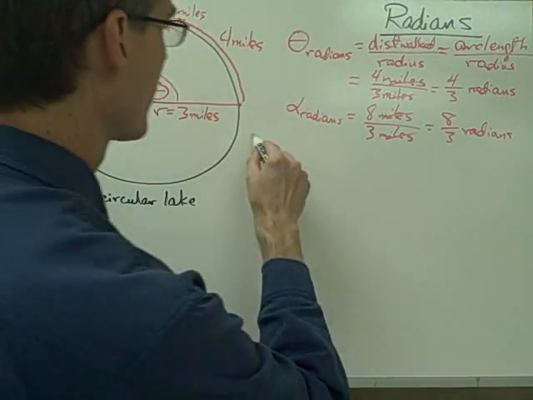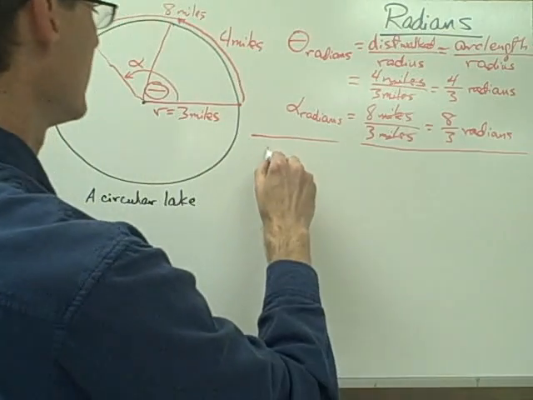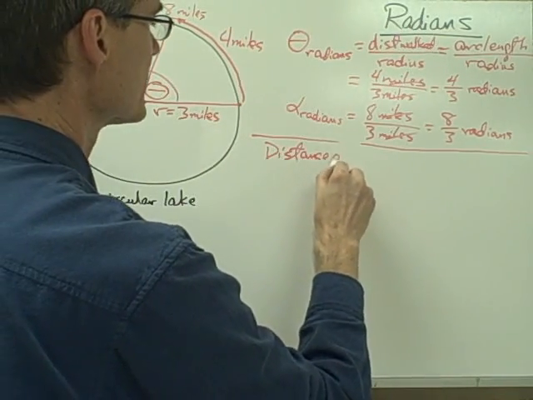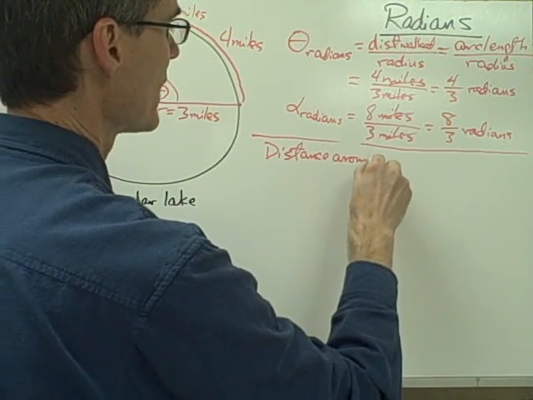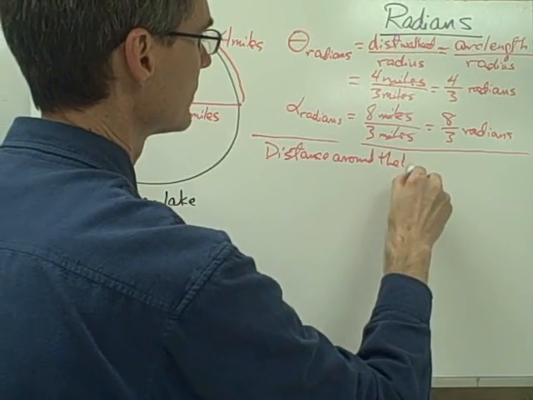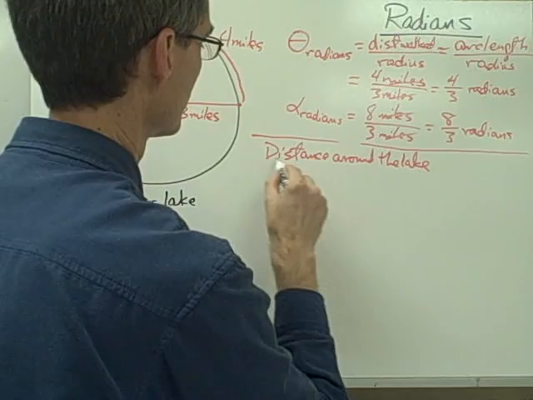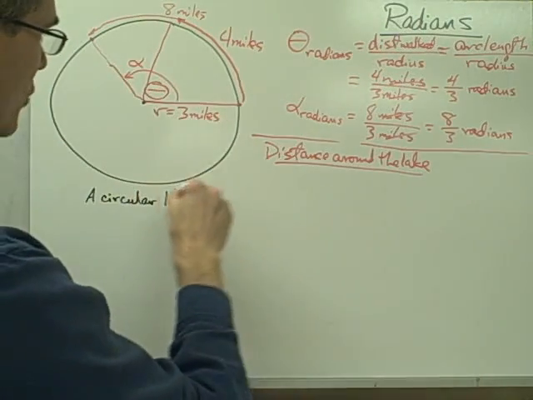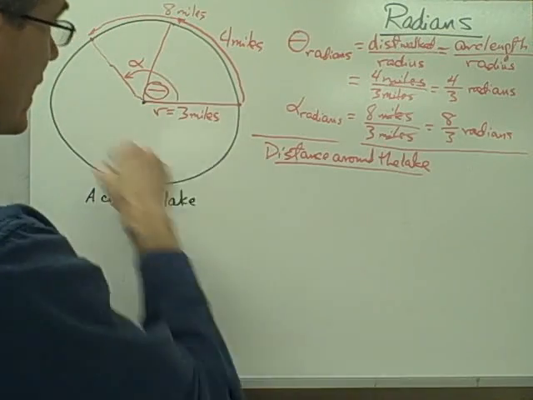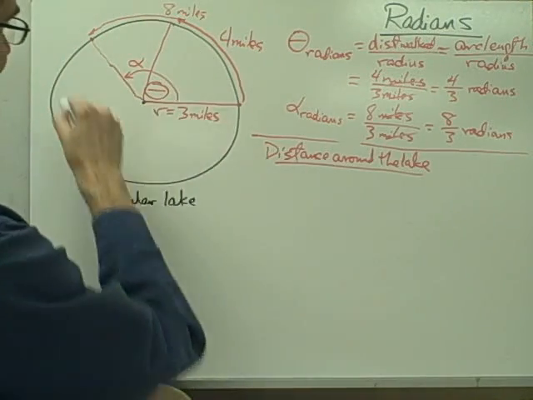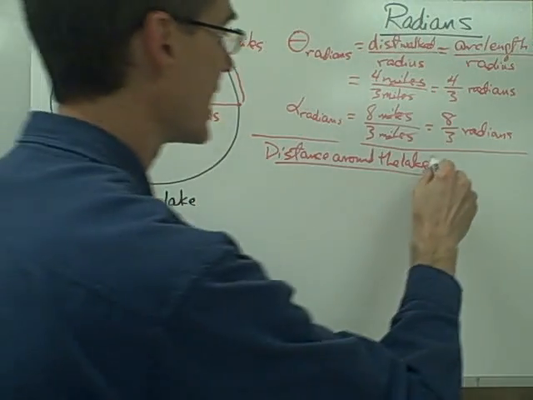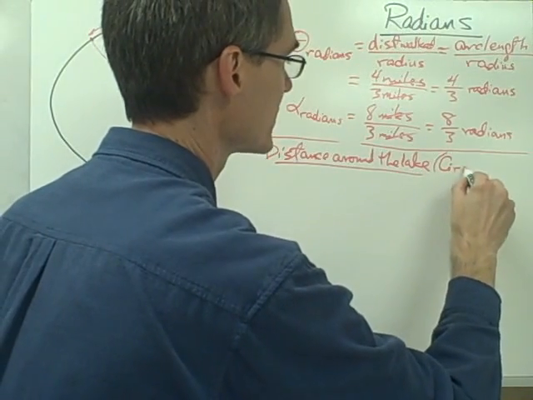Now, if I wanted to know the distance around the whole lake, in other words, if I started here and actually walked around the entire lake and wanted to know how far that was, well, since my lake is a circle, remember that the distance around the whole lake is the circumference.